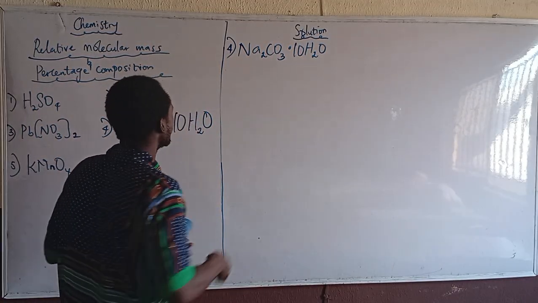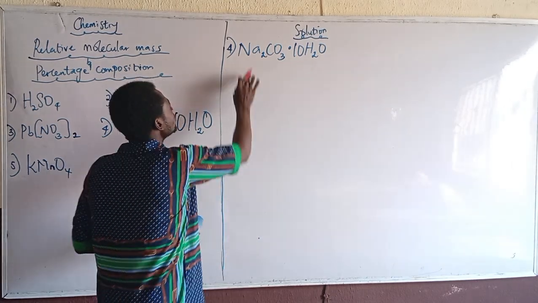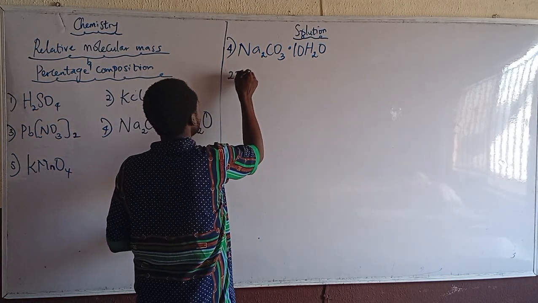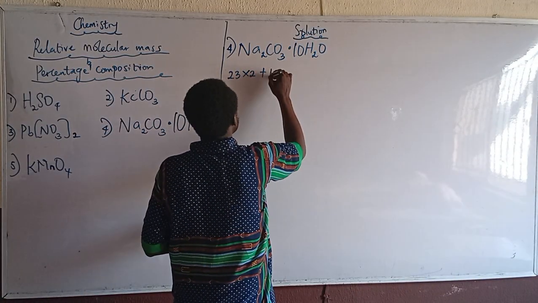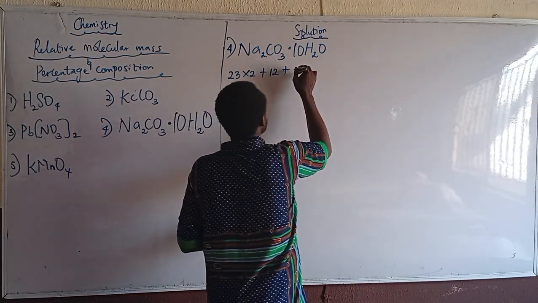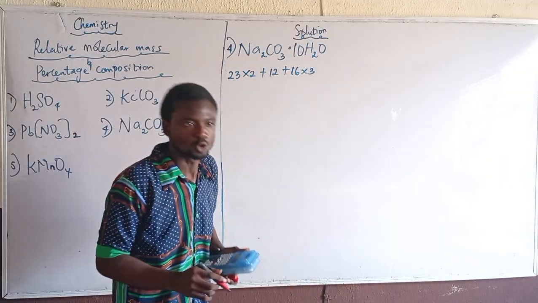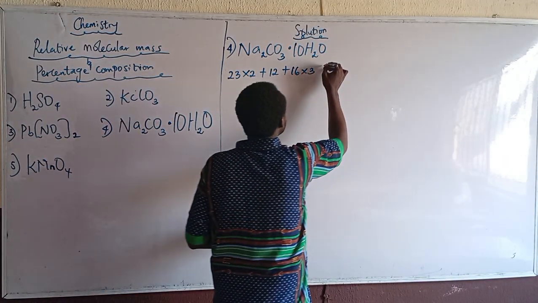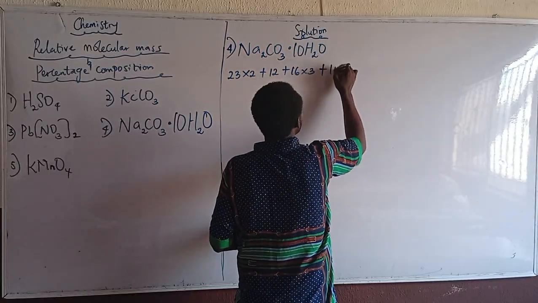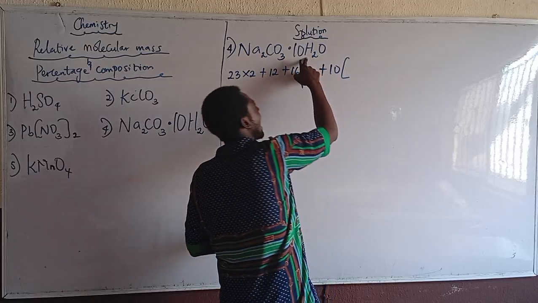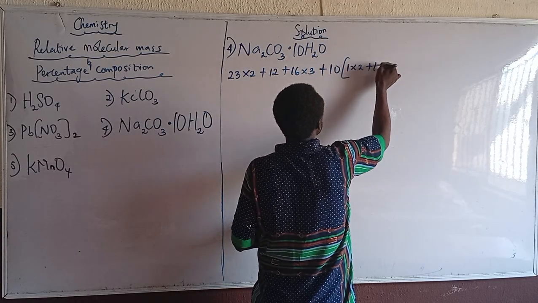So I'll calculate. So my Na2CO3·10H2O, sodium is 23 multiplied by 2 plus carbon is 12 plus oxygen 16 multiplied by 3. Now that dot does not mean times, it is still plus. So I open my bracket. Okay, I have 10 and I open the bracket. Hydrogen is 1 times 2 plus oxygen 16.